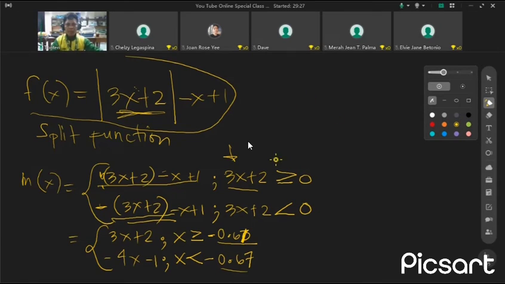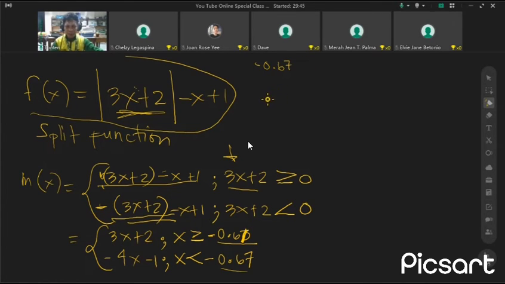Numbers greater than negative 0.67 include 0 and 1. On the other side, we have negative 1 and negative 2.